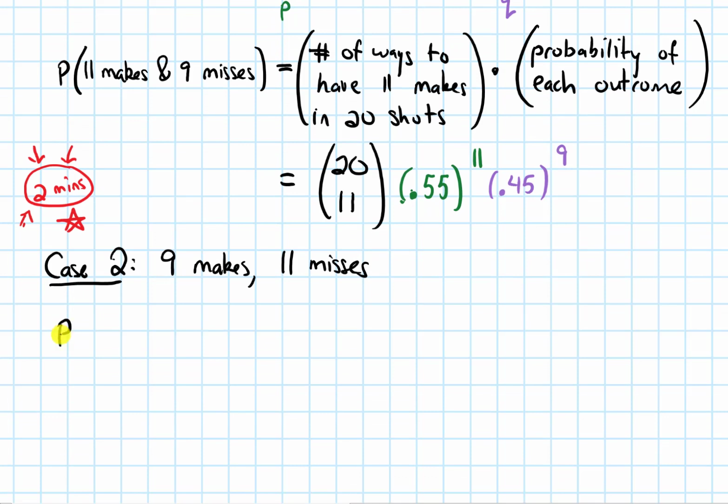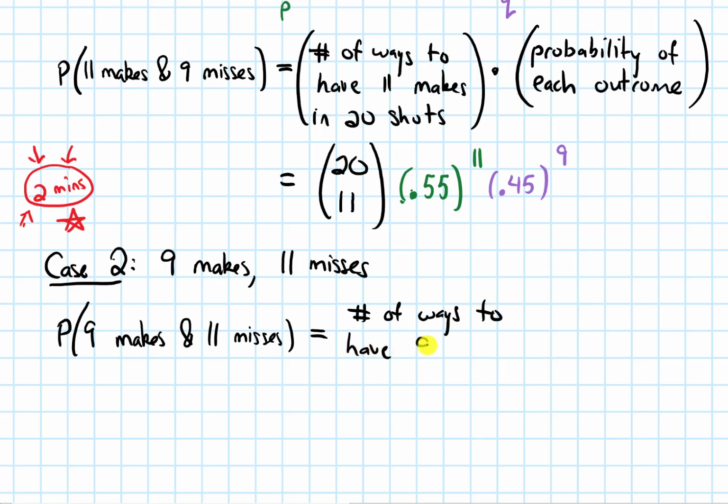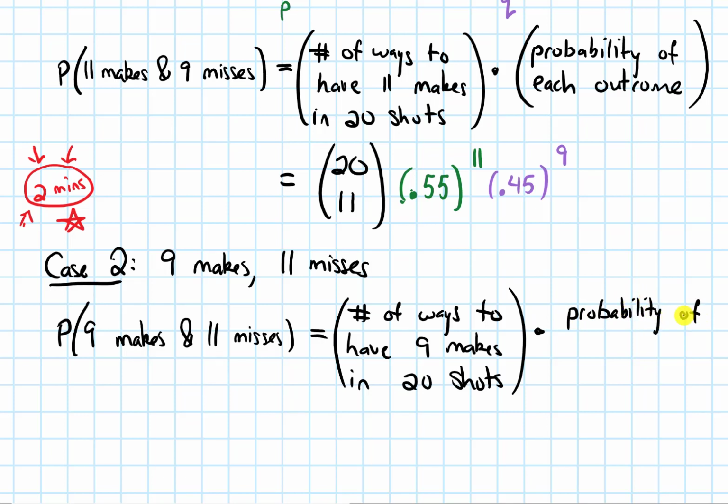If we were to write down the probability of him having 9 makes and 11 misses, this would be equal to, first I have to find the number of ways to have 9 makes in 20 free throws, and then multiply that by the probability of each outcome.